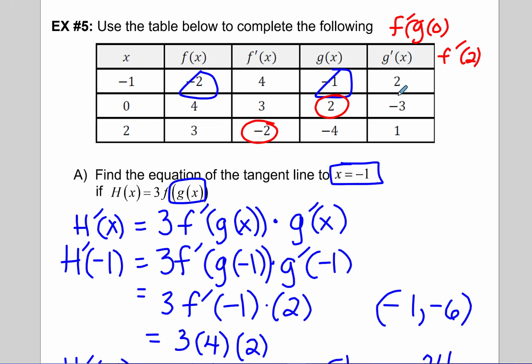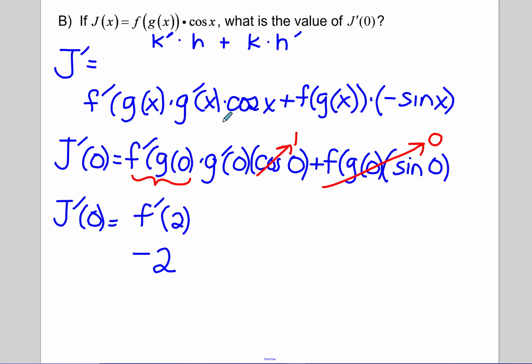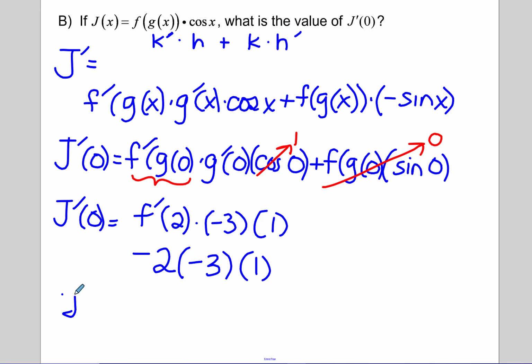And the g prime of 0 looks like -3. So times the g prime of 0, that was -3, times 1. -2 times -3 times 1 tells us that the j prime of 0 is 6.